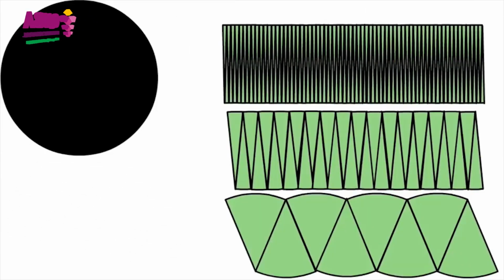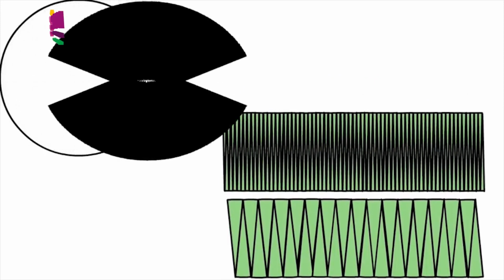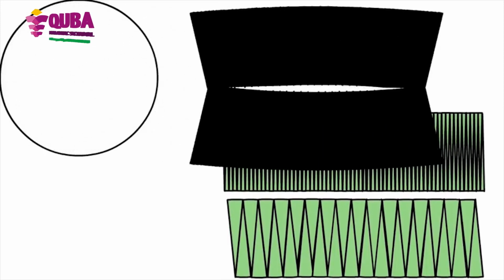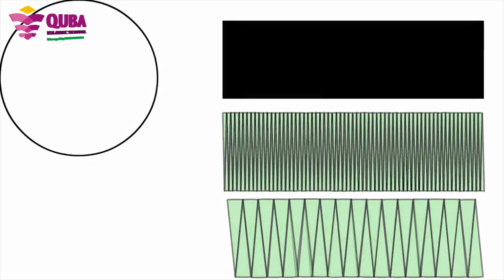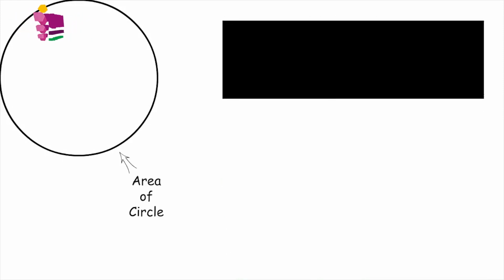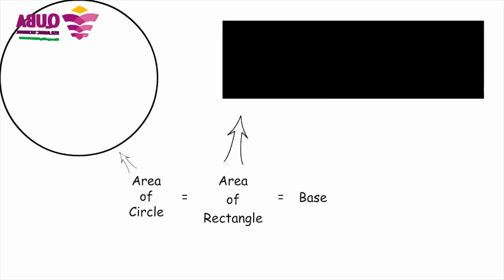But the answer is to divide the circle infinitely many times until we cannot distinguish the lines, and eventually the circle can become a perfect rectangle. So the area of the circle is equal to the area of the rectangle, which is equal to base times height.